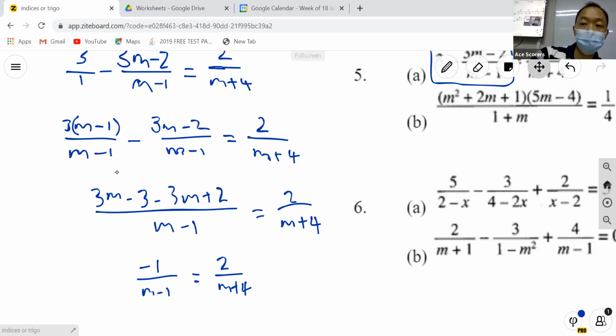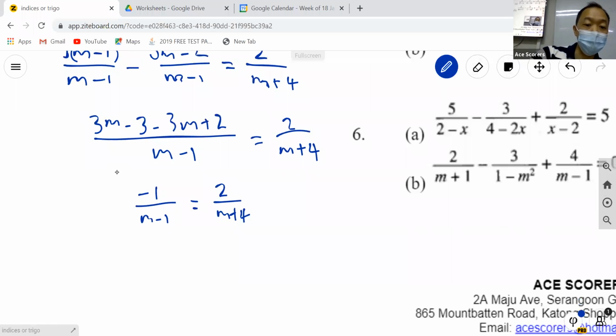Once you reach this part, you can do a cross multiply. And you realize that there's no quadratic. So 3n equals to 2 minus 2, minus 2 over 3. Got it?